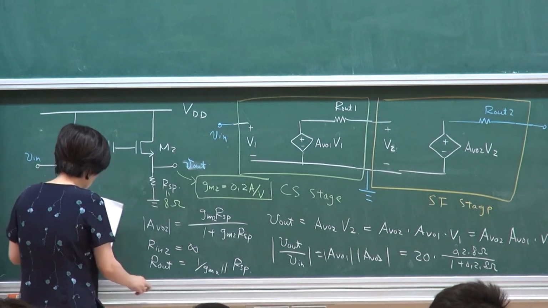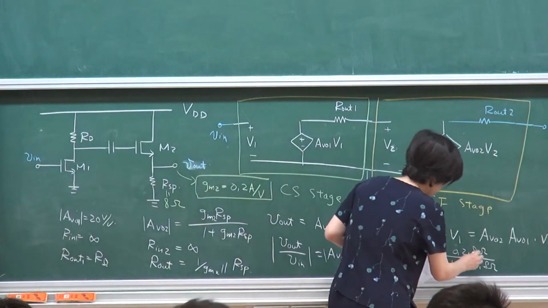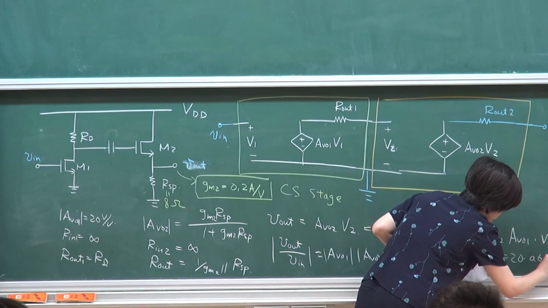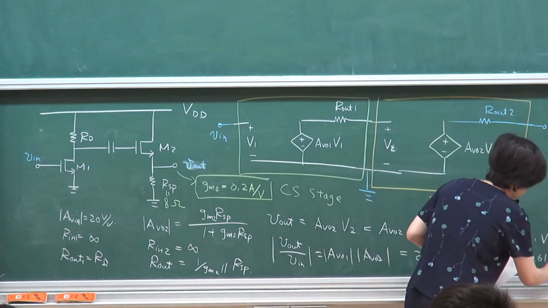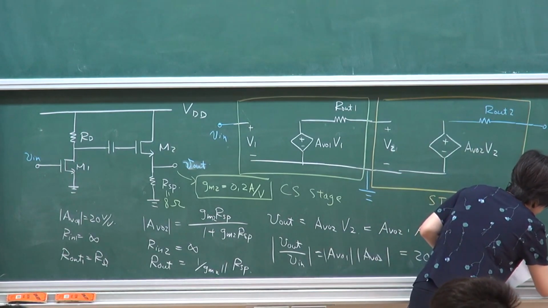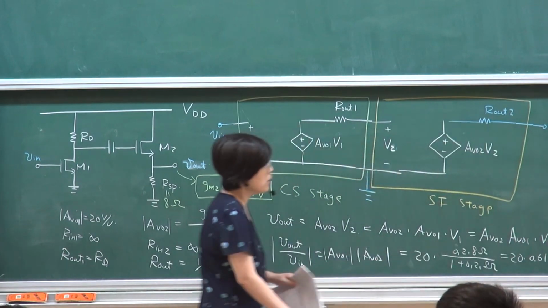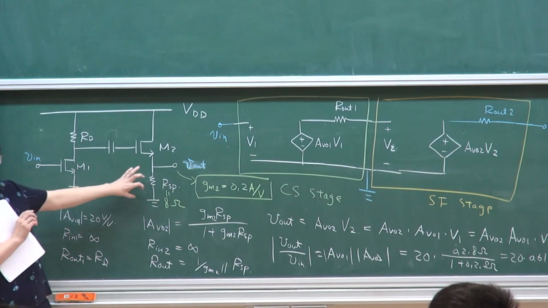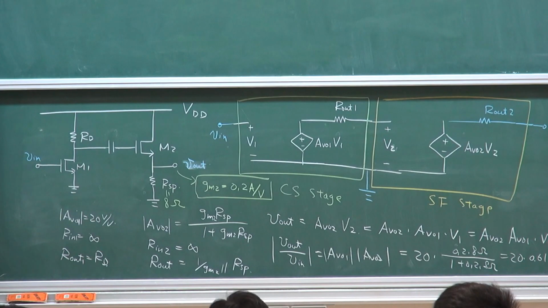Then the attenuation factor of this term, this is 20 times about 0.61. That's 12 volt. So you still maintain about 60% of your original design gain, even with driving such a small resistance at the load. Okay?